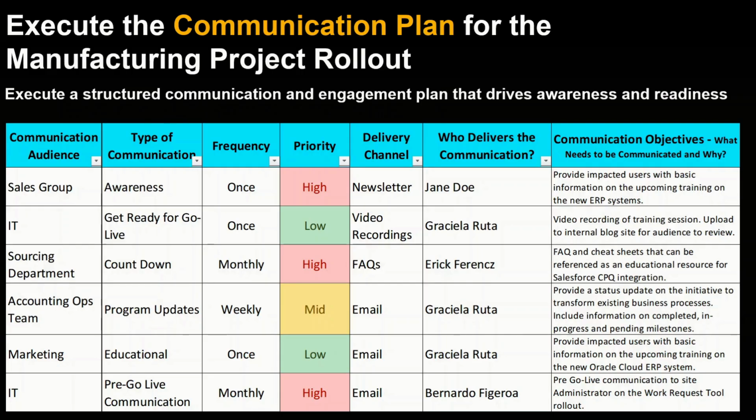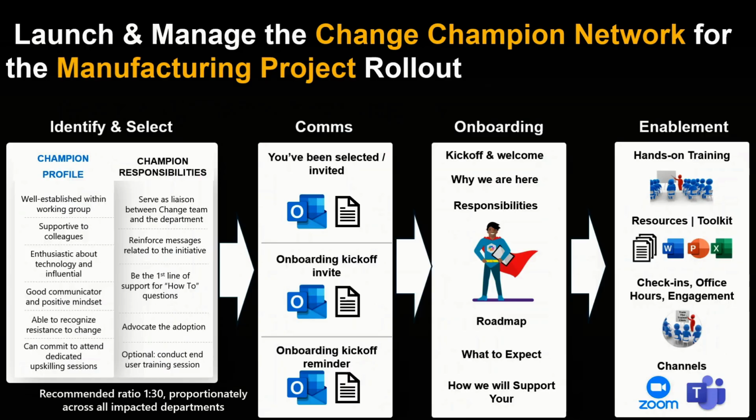It includes the communication audience, type of communication, frequency, priority, delivery channel. What you are looking at on my screen is sample data. When you download this free template, make sure you delete the sample data and then enter the right data that is relevant to your organization.